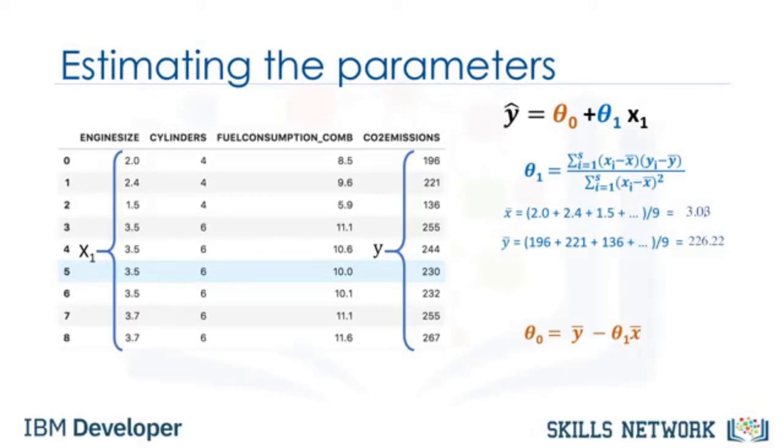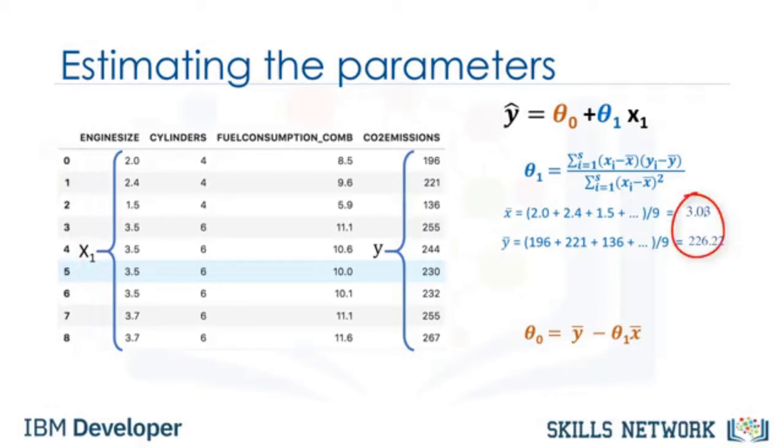We can start off by estimating the value for theta 1. This is how you can find the slope of a line based on the data. X bar is the average value for the engine size in our data set. Please consider that we have 9 rows here, row 0 to 8.